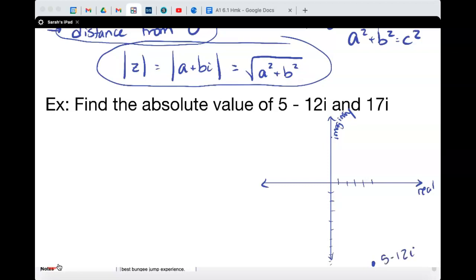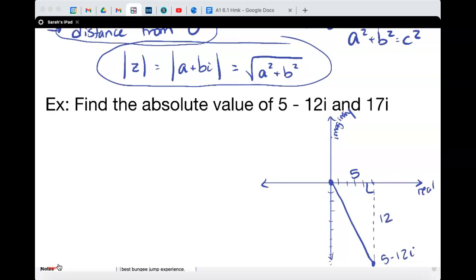Okay, so if they ask to find the absolute value, I want to find this distance from 0, 0 to this lovely point. So I can create a right triangle. So what is my horizontal distance? 5. And my vertical distance? 12.